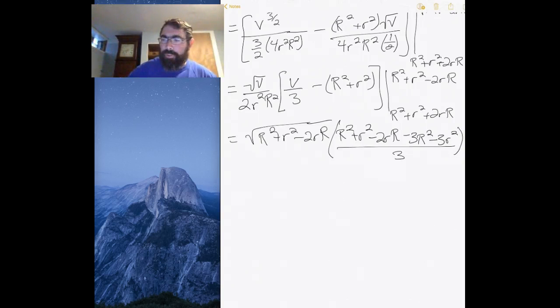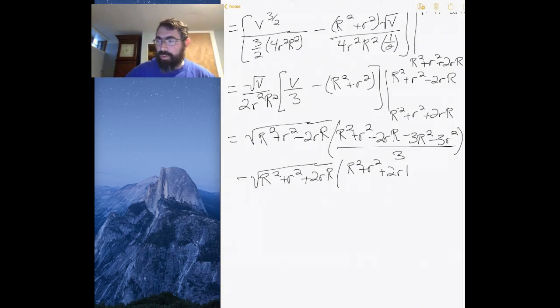So that's the first term, minus the square root of R squared plus lowercase r squared plus 2 lower r big R, times R squared plus 2rR minus 3R squared minus 3 lowercase r squared, all over 3 again.